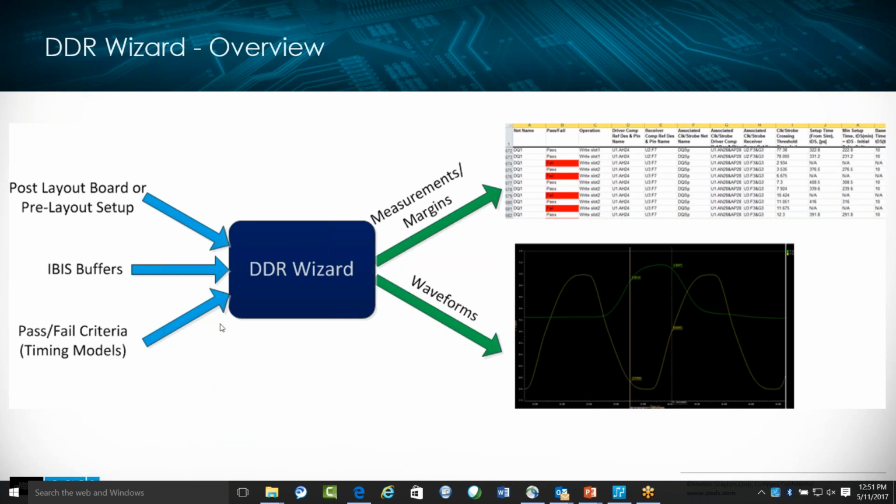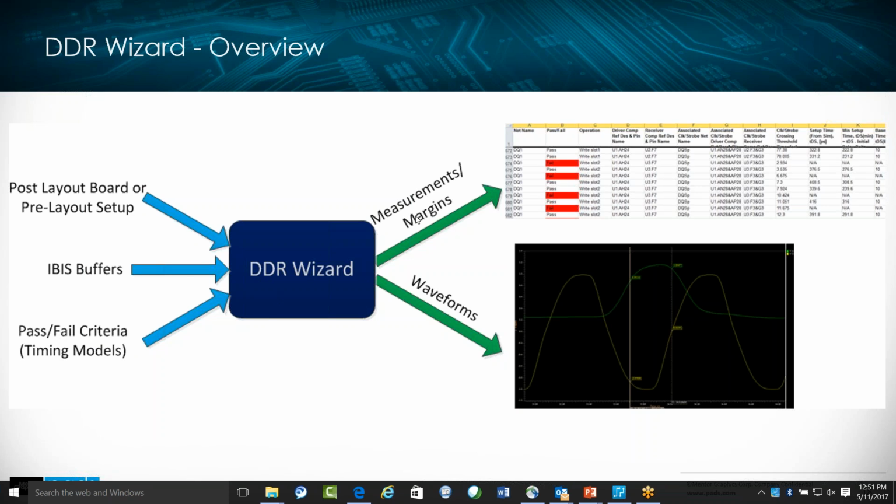So the big picture is in HyperLynx SI, we have a DDR Wizard. Once we get into BoardSim, we're reading your board layout, and then we can assign the IBIS models for the controller and for the DRAMs based on the technology, and then we can run a simulation and we'll get pass and fail criteria.